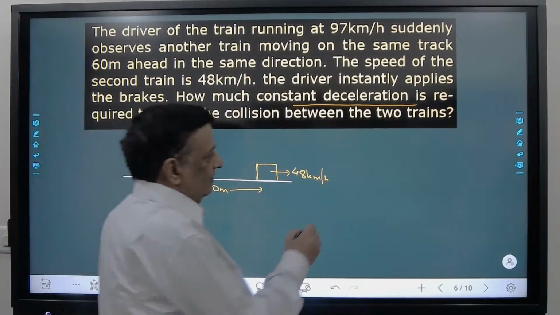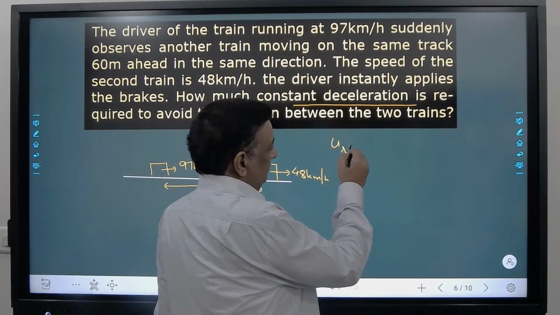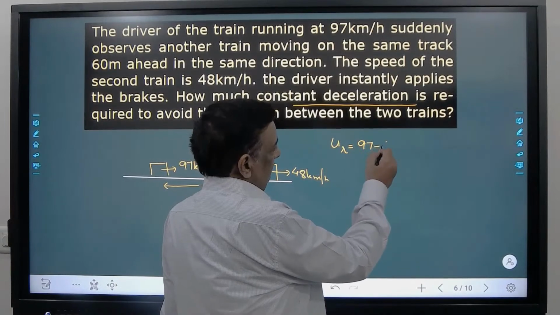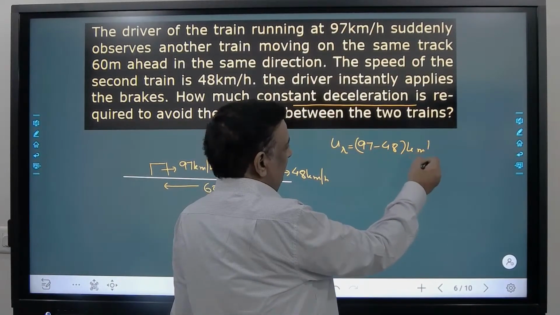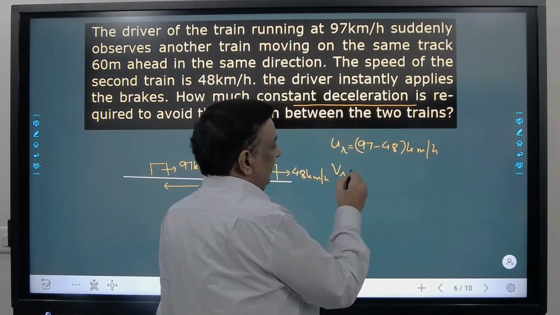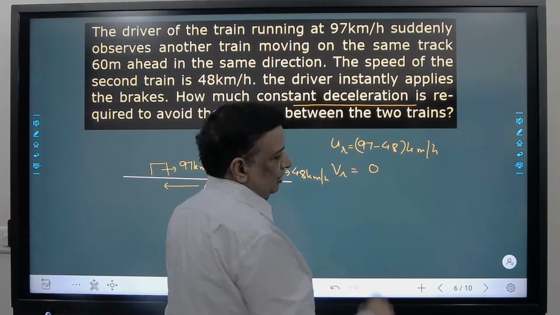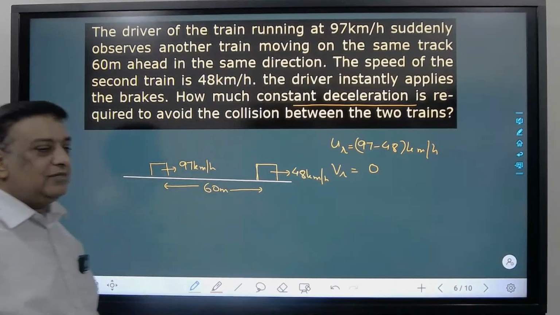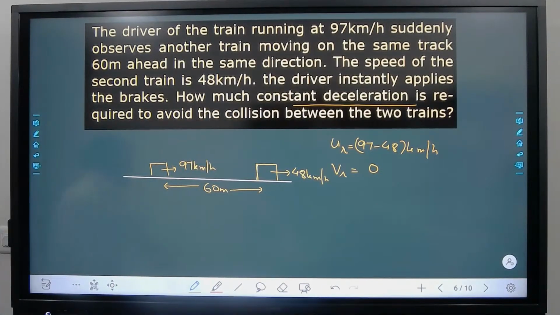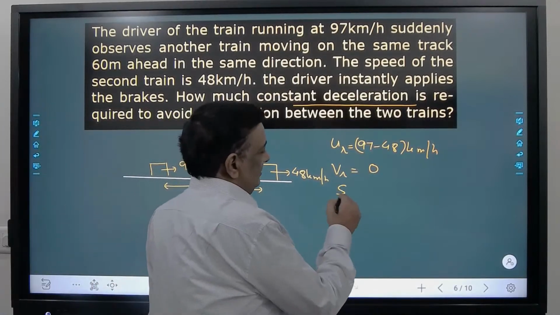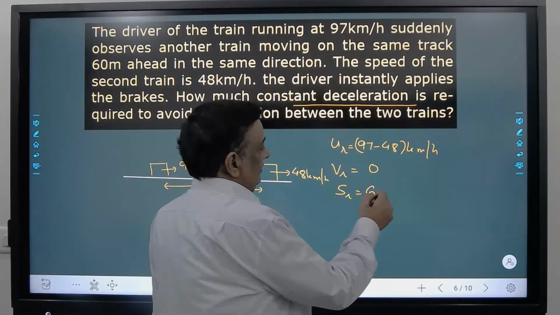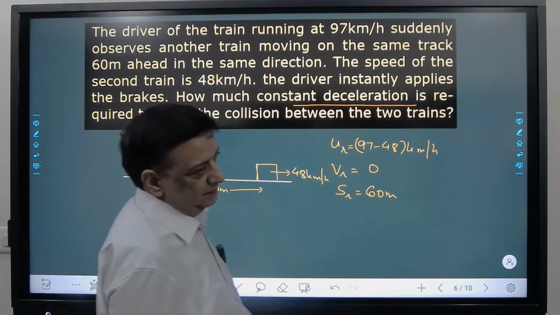Means initially the relative speed is 97 minus 48 kilometer per hour, and the final relative speed is 0, because finally both the trains are moving in the same direction with the same velocity, and the relative distance traveled is the distance between the two trains.